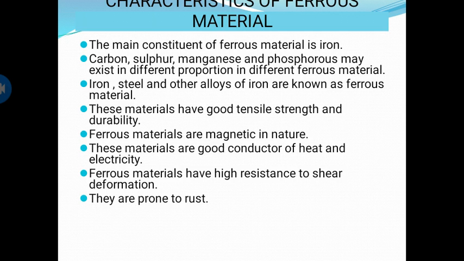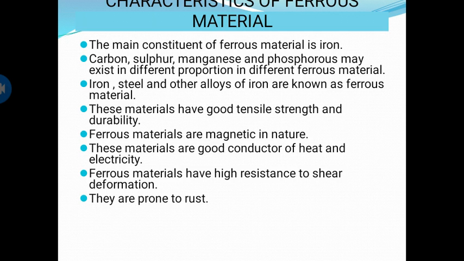Already we have discussed that metal is divided into two types. One is ferrous, the other is non-ferrous. So what is a ferrous material? The main constituent of ferrous material is iron.